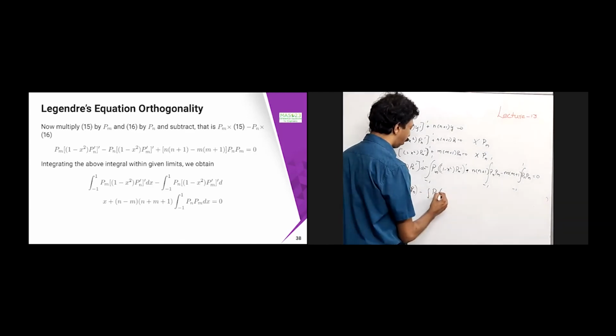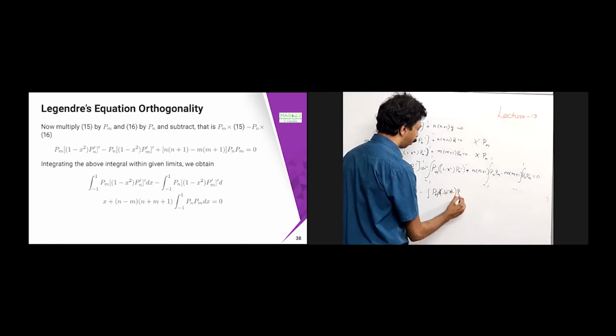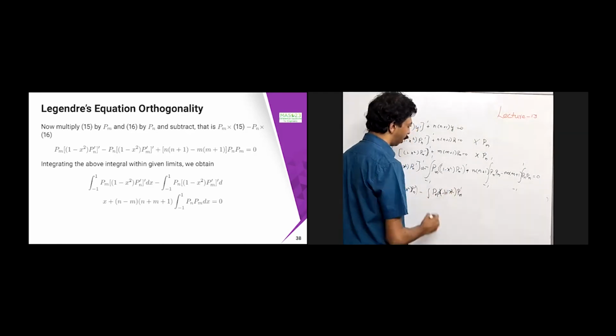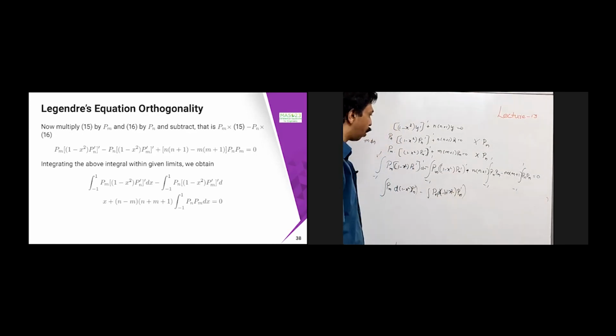Similarly, I can write the second one the same way: minus Pn into d of (1 minus x squared) Pm dash. Plus this one I can write as n into (n plus 1) minus m into (m plus 1) into the integral from minus 1 to 1 of Pn Pm equals 0.